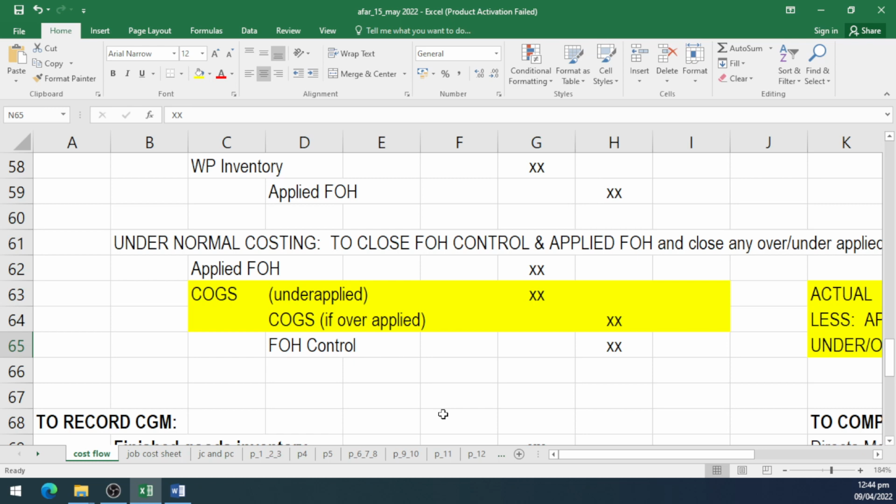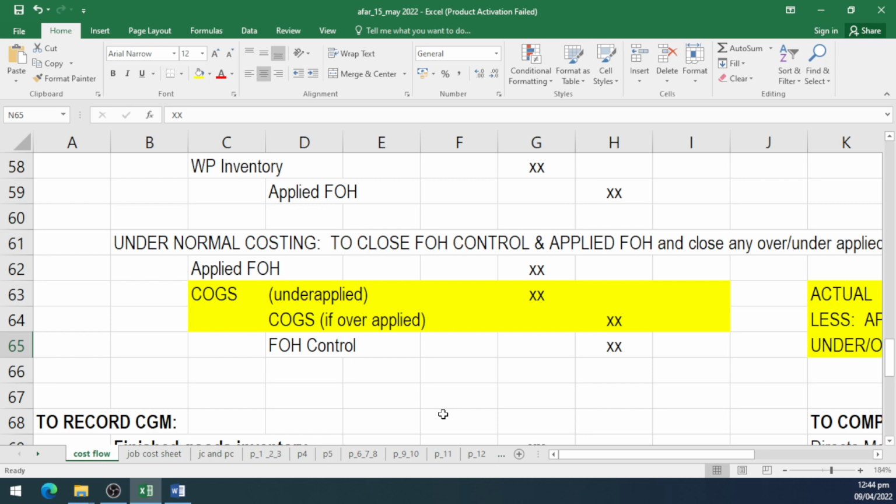If over or under applied is material and significant, allocate the over or under applied to cost of goods sold, finished goods inventory, and work in process inventory. Prorate mo doon. At ang labas niyan, ibinabalik natin sa actual costing. Bakit kailangan ganon? Material yung amount, significant yung amount. Mami-misstate. Magkakaroon ng misstatement if you do not do that.